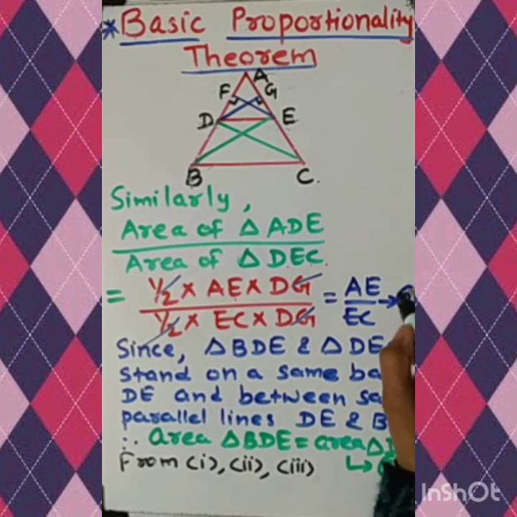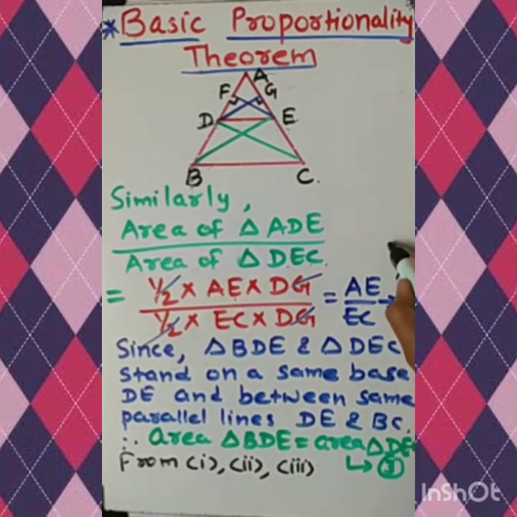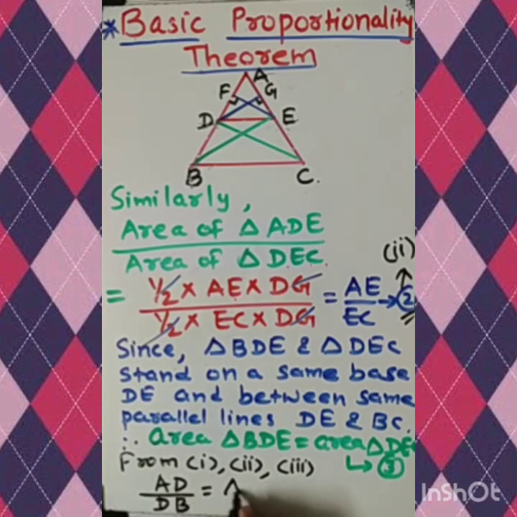This is our second part, and this is the third part. We can say that AD upon DB is equal to AE upon EC. That is our required result which we had to prove. So this is proved. This is called the BPT theorem. Complete here.